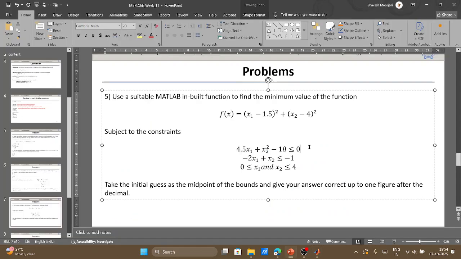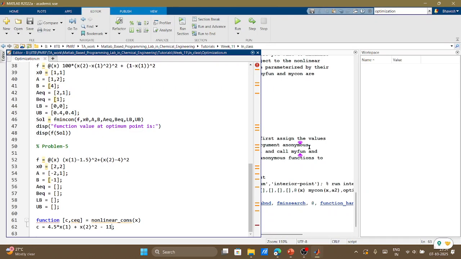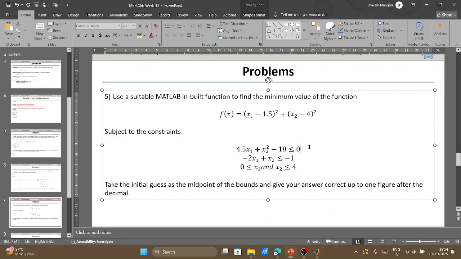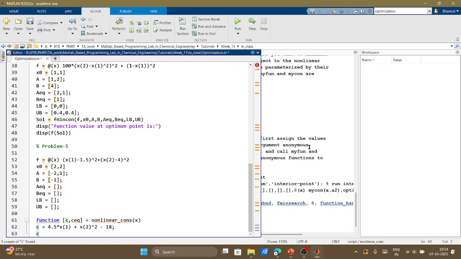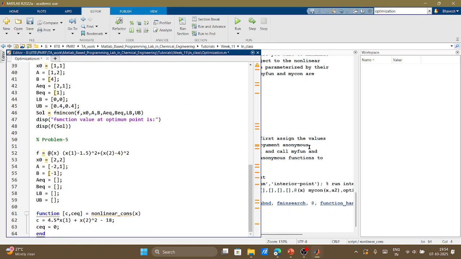Oh, minus 18, my mistake, minus 18. And CEQ: since I don't have any non-linear equality constraint, I can keep CEQ empty. Okay.